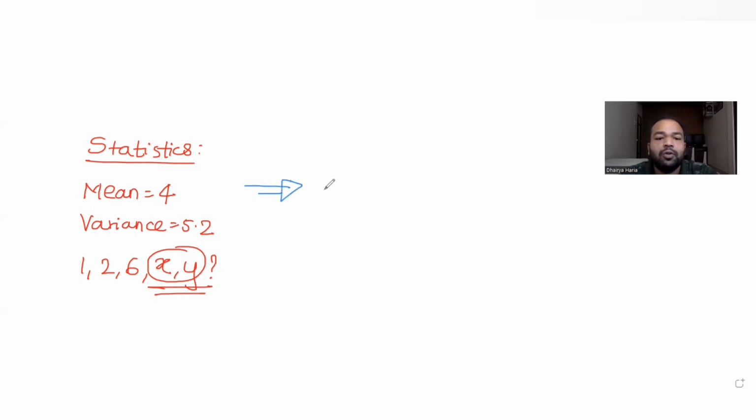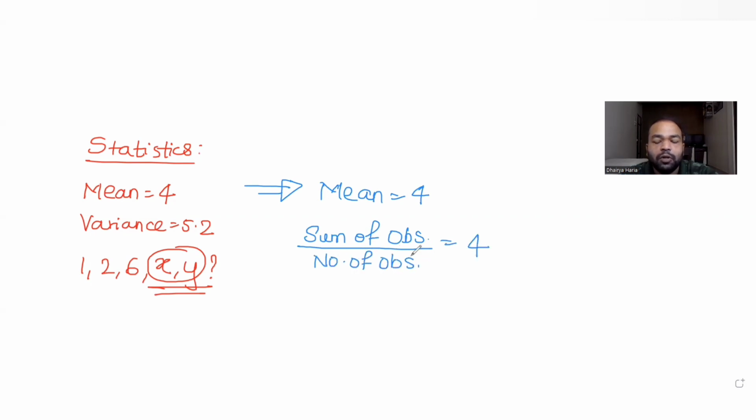First, I can take mean is equal to 4, and we already know the mean of the list is nothing but the sum of the observations upon the number of observations. That is equal to 4. Adding the observations, I get 1 plus 2 plus 6 plus x plus y, upon the total number of observations, which is 5, equal to 4.